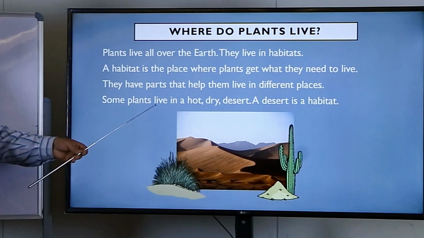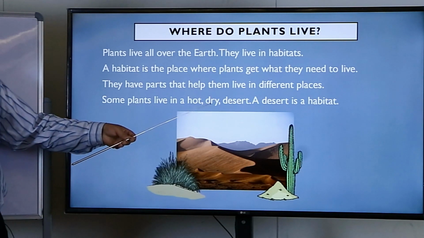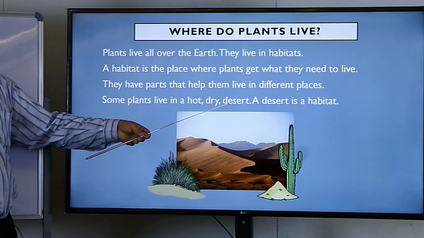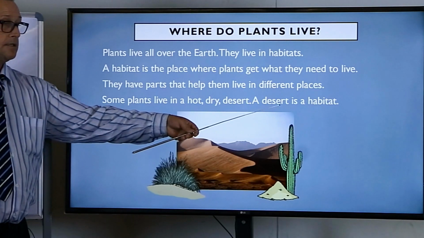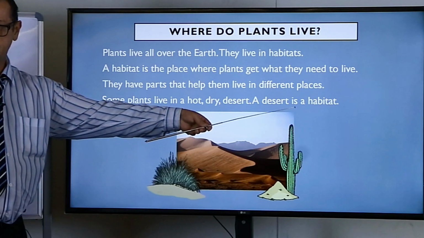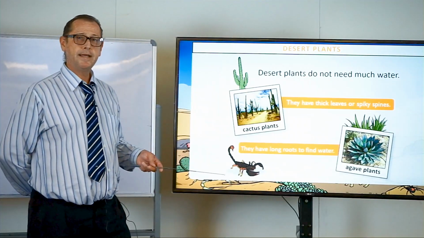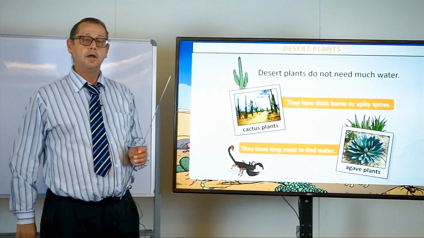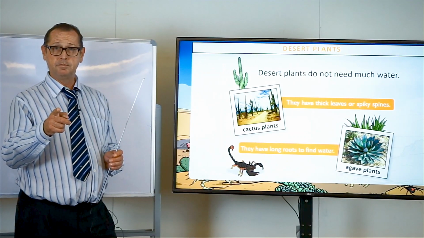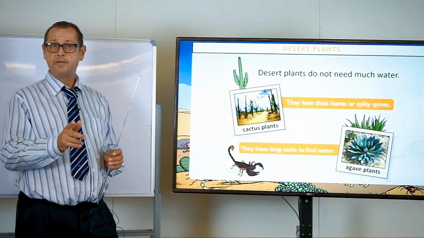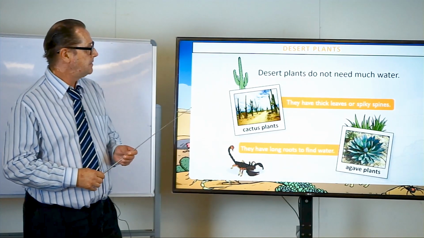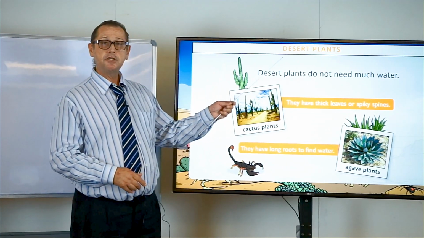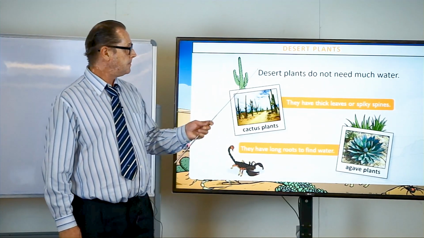Some plants live in a hot, dry desert. A desert is a habitat. Okay, so now let's take a look at the plants that live in the desert. You have already learnt about them on page 4 and 5 in your workbook. So, desert plants.